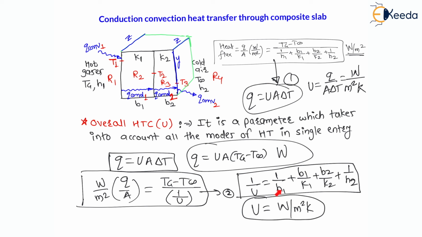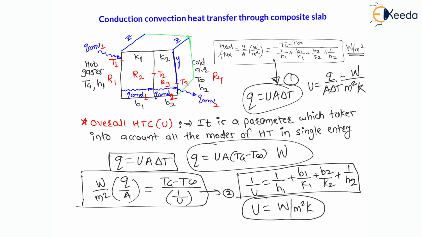Therefore, the convective heat transfer coefficient H and the overall heat transfer coefficient U have the same unit. And the overall heat transfer coefficient is a combined parameter which considers the effect of H1, K1, K2 and H2 together. And my dear students, whenever this overall heat transfer coefficient is more, then heat transfer will be more.